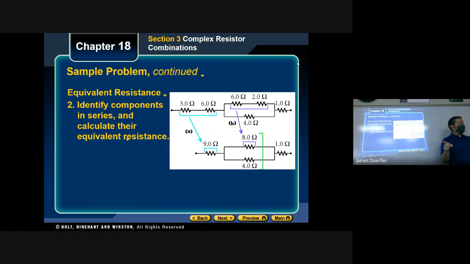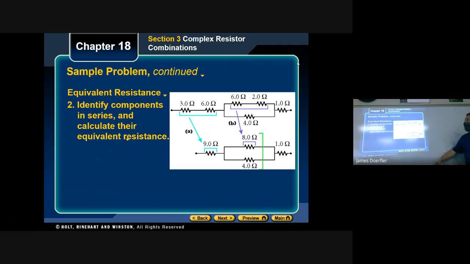Our second group, the 6 and 2, is 8. Very good. See, I told you you could do this. So why are we able to add those up? Because they're wired in series, and the equivalent resistance in series is simply summed up.